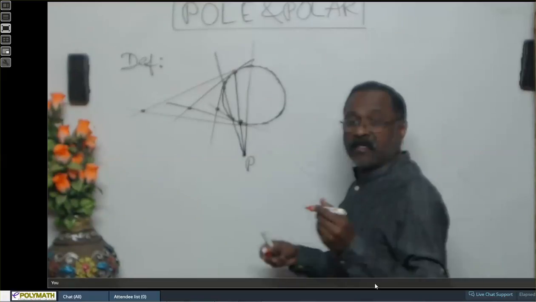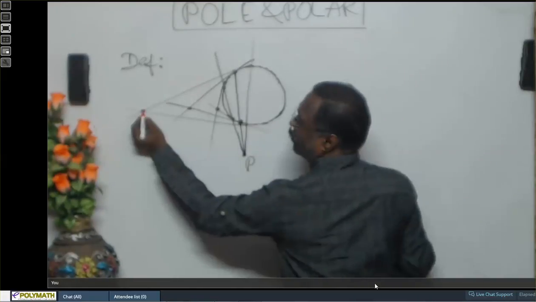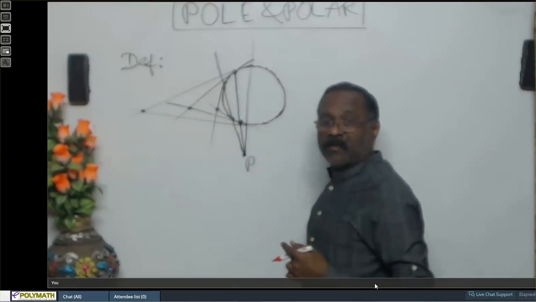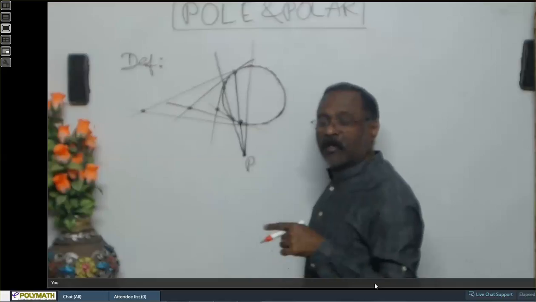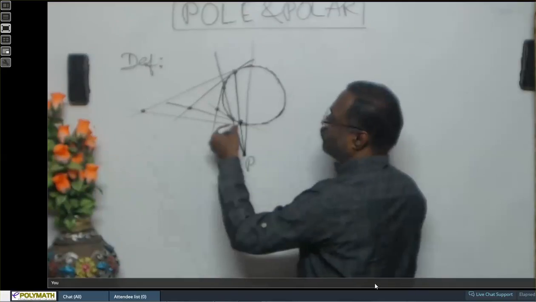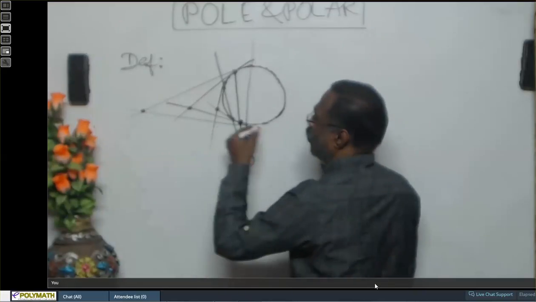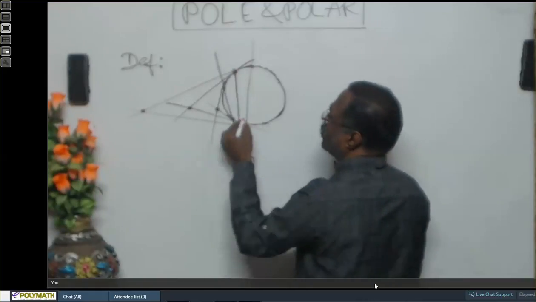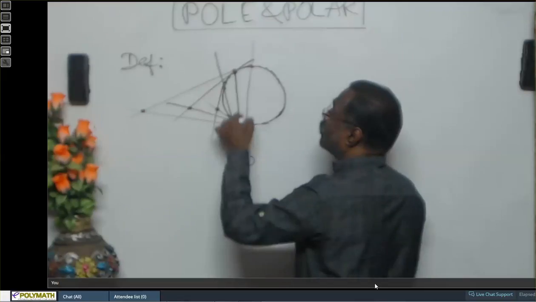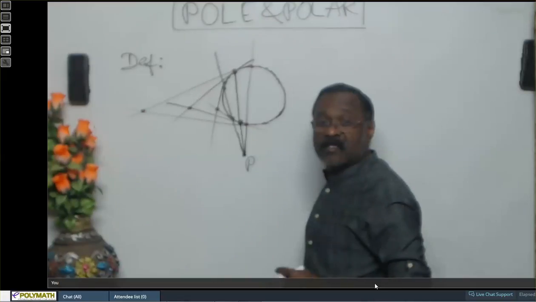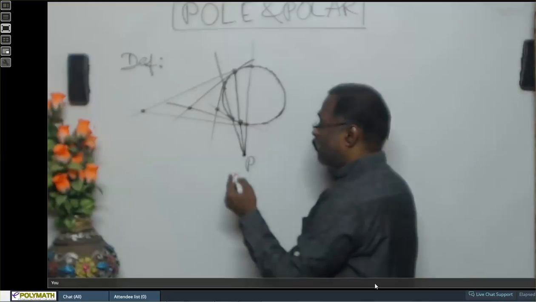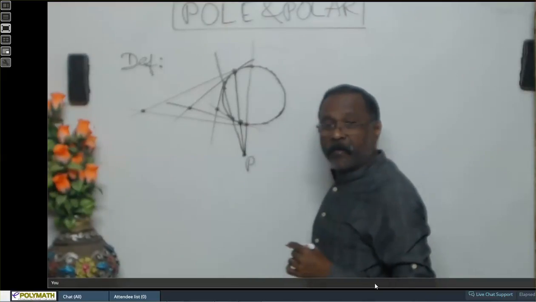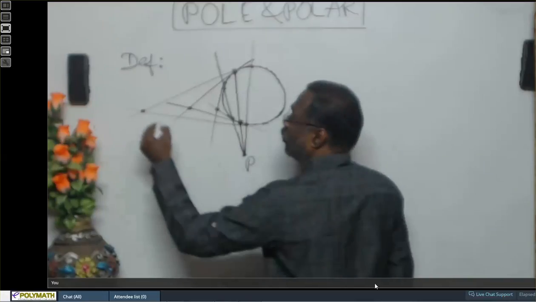If you see the definition, the locus of point of intersection, these are the points on the locus. The locus of point of intersection of what? Of tangents. How the tangents are, and where they are drawn: at the extremities of these chords. How these chords are? Passing through a fixed point P, always forms a straight line.